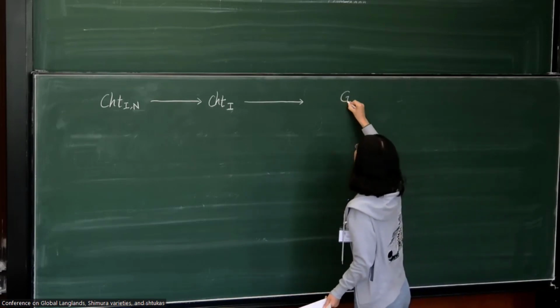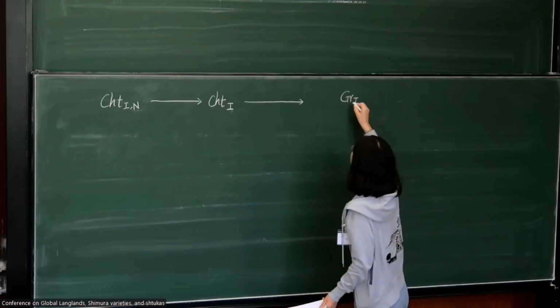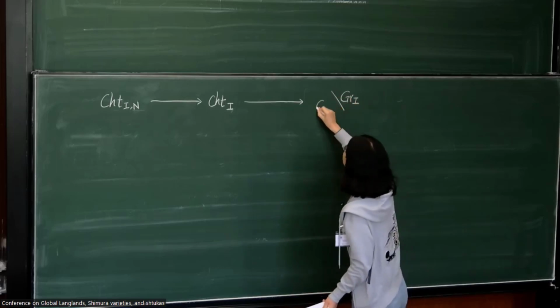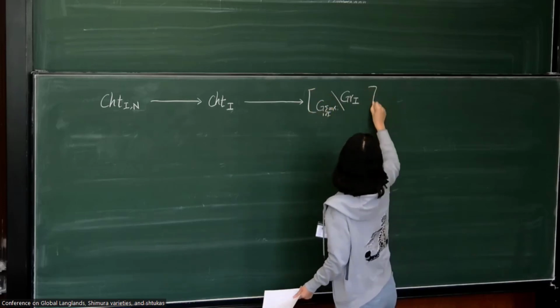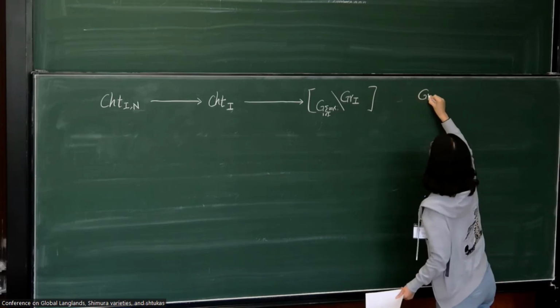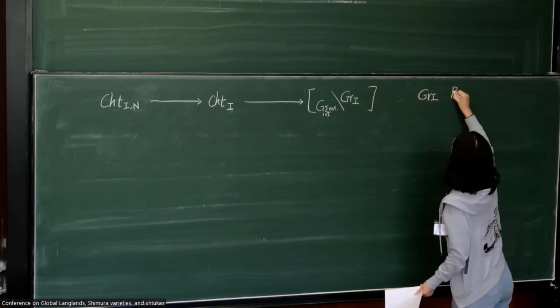So it has a map to the Beilinson-Drinfeld affine Grassmannian, quotiented by some group.